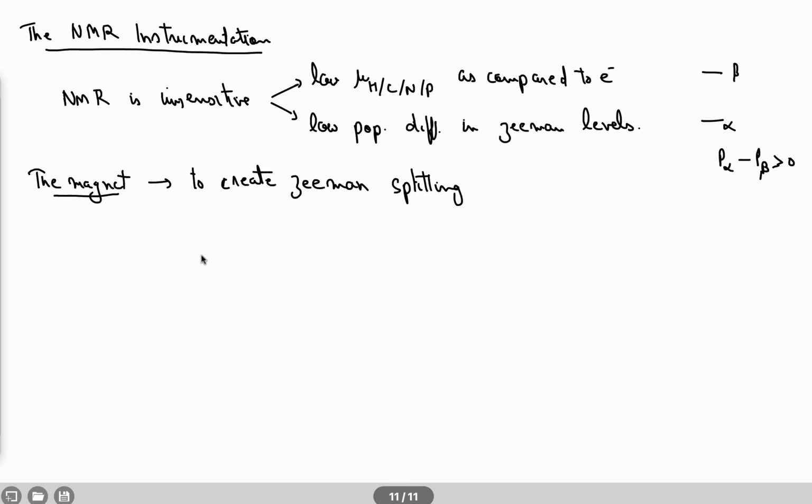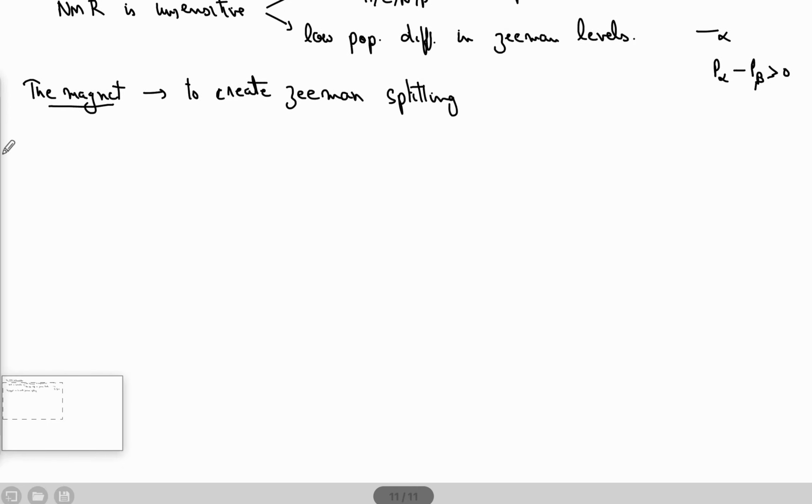Now we also understand that for Zeeman splitting, the delta E, the energy difference between Zeeman levels, is proportional to the strength of the magnetic field. So the higher the magnetic field that you are applying, the higher will be the delta E, and in turn the population difference will be higher. If the population difference is higher, the sensitivity of the signal will be higher. So there is a quest to always look for higher and higher magnetic field strengths, right?